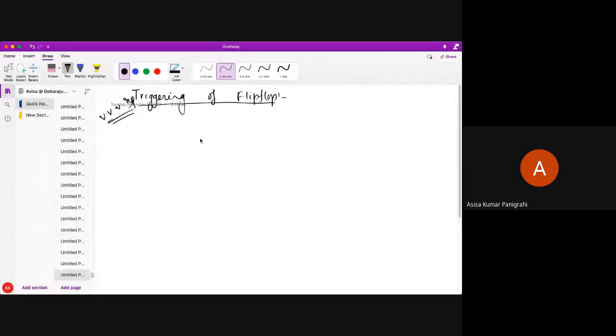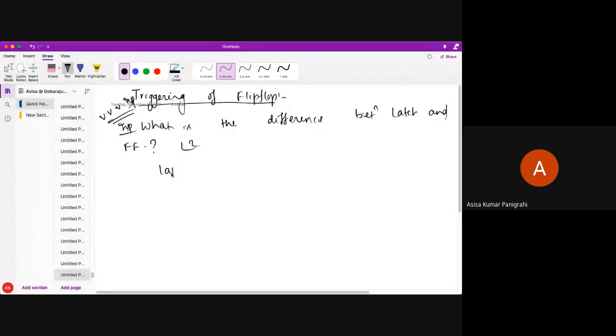What is the difference between latch and flip-flop? This is a 2-mark important question, students. A latch is a basic memory element which does not have a clock pulse.